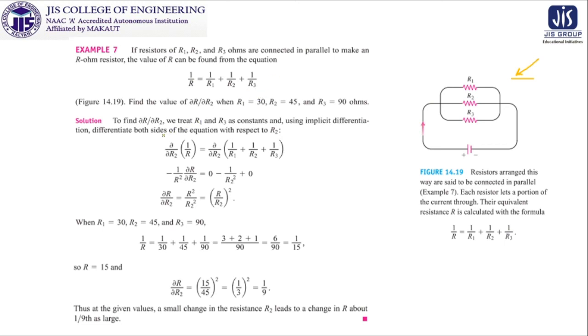To find del R by del R2, we will treat R1 and R3 as constant, at the values R1 equal to 30, R2 equal to 45, R3 equal to 90. After calculating this, we will just substitute them and we will get the value.